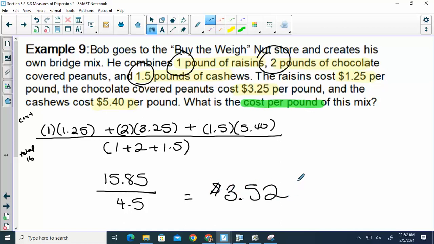Since we're talking about money, we'll go to two decimal places. Did you guys get that?